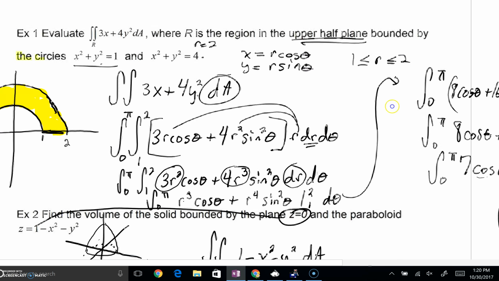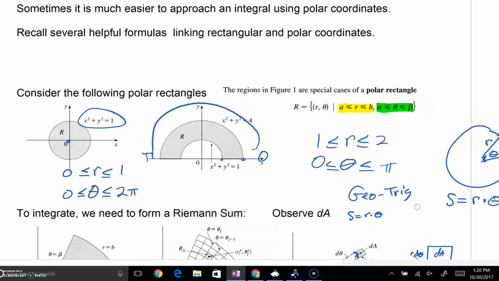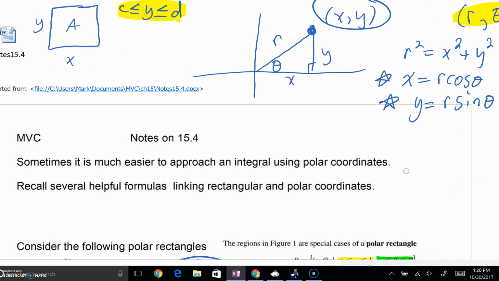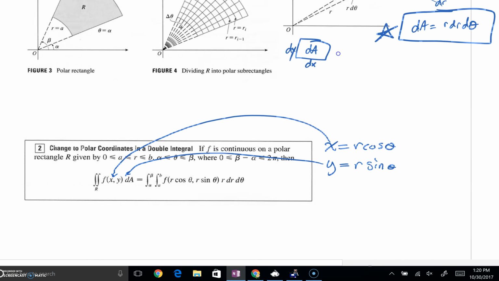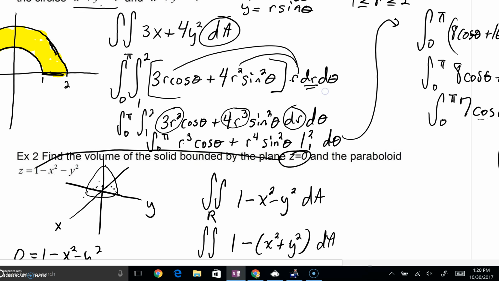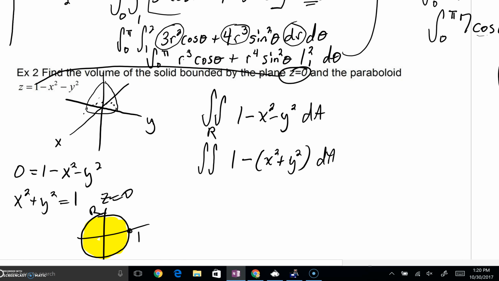If we went back to the very beginning here, we could say, well, my gosh, x squared plus y squared is always r squared. Now, could we have broken that down and said that x is r cosine of theta and y is r sine of theta? You bet you could. But this is such a famous relationship that x squared plus y squared is equal to r squared. Well, you definitely could get that.